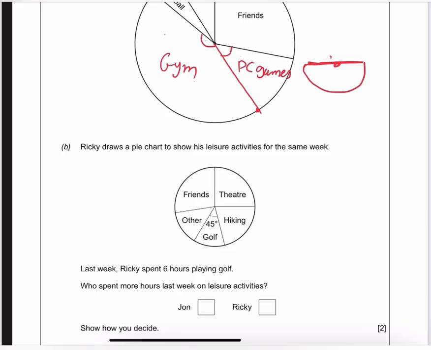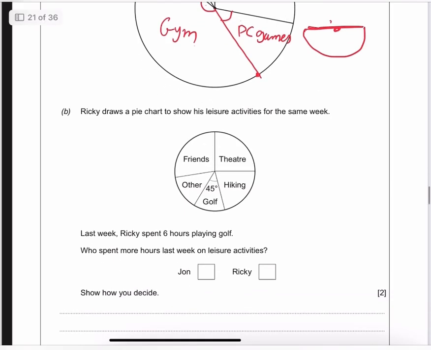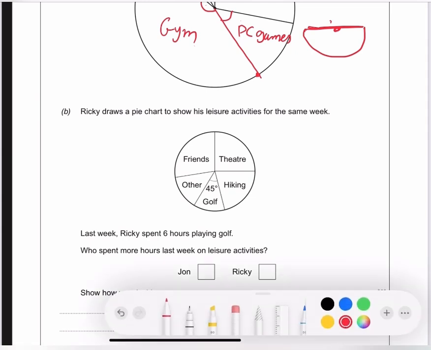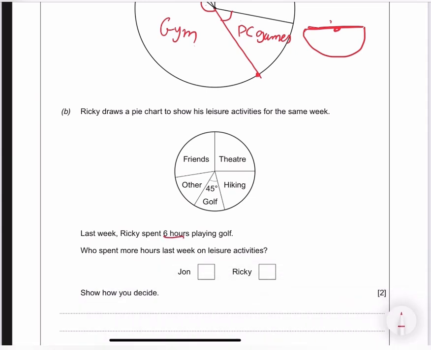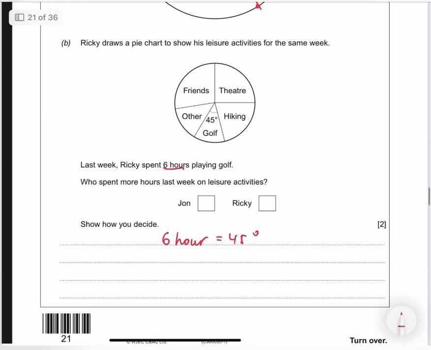Okay, so part B, Ricky draws a pie chart to show the leisure activities for the same week. We've got activities, as you see, friends, theater, other, hiking, and 45 degrees shows golf. We also know he spent 6 hours playing golf. So we know 6 hours shows 45 degrees.